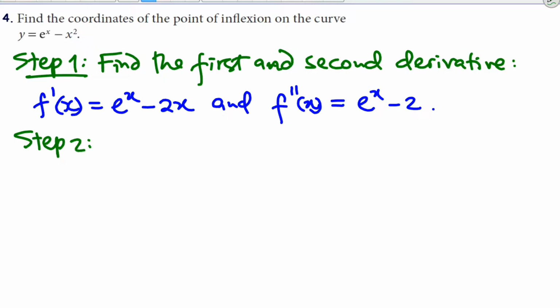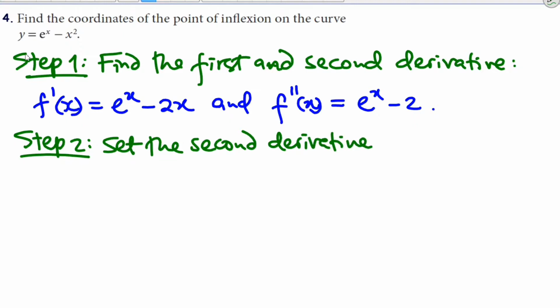Step 2, set the second derivative equal to 0 and solve for the potential point of inflection.